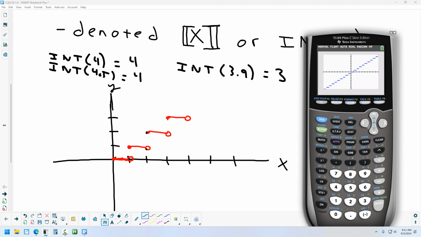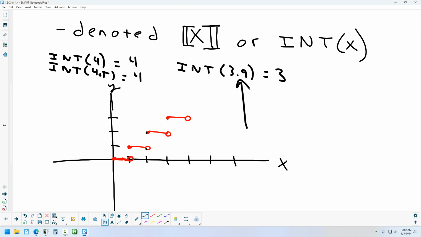So what's the domain of this function? What numbers are you allowed to fill in right there? Yes, yeah.